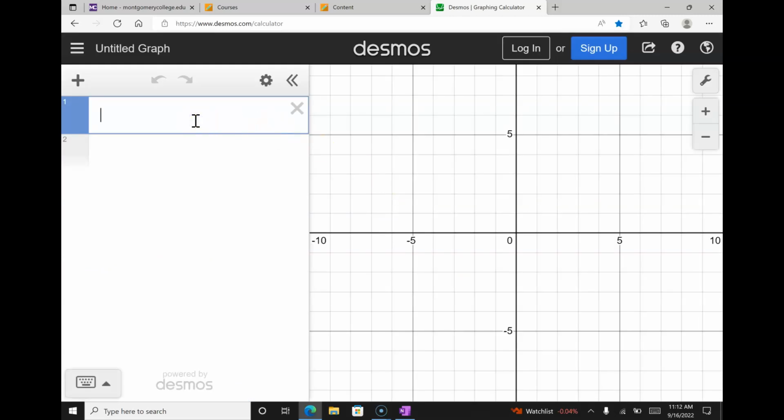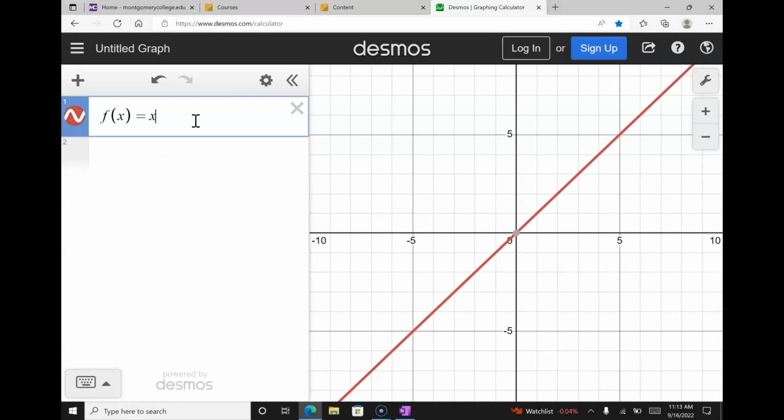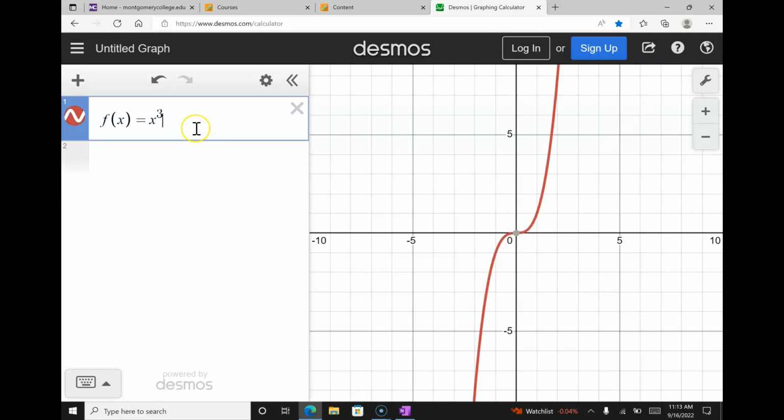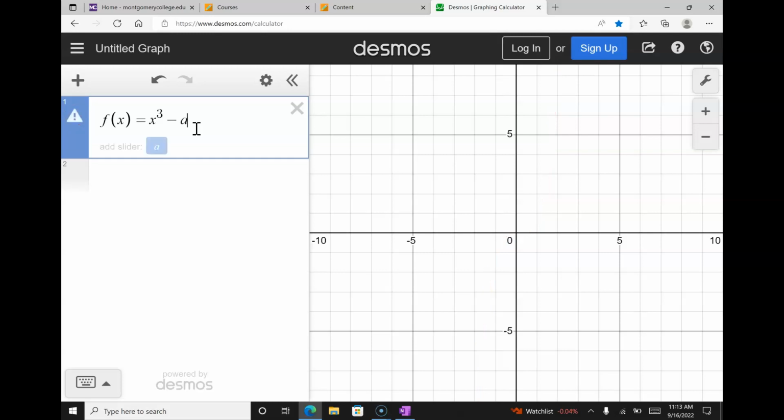I'm going to put in these two functions. This is a little bit strange. So I'm going to say f of x is x cubed minus a cubed, of course a is going to be a slider for us, all divided by x minus a.